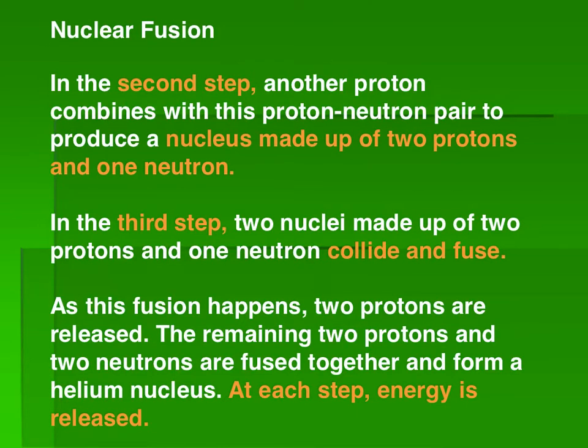These continued collisions within the core of the sun happen over and over again, and they start to create heavier elements like helium. Energy is released at each step of this process, and that's where all the heat and light come from the sun. It's also where certain theories say all the elements we see on Earth and in the solar system are made.